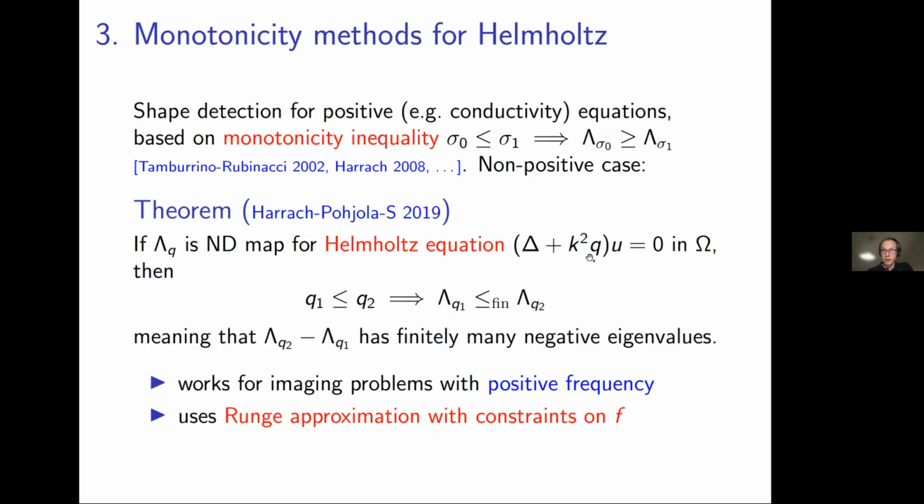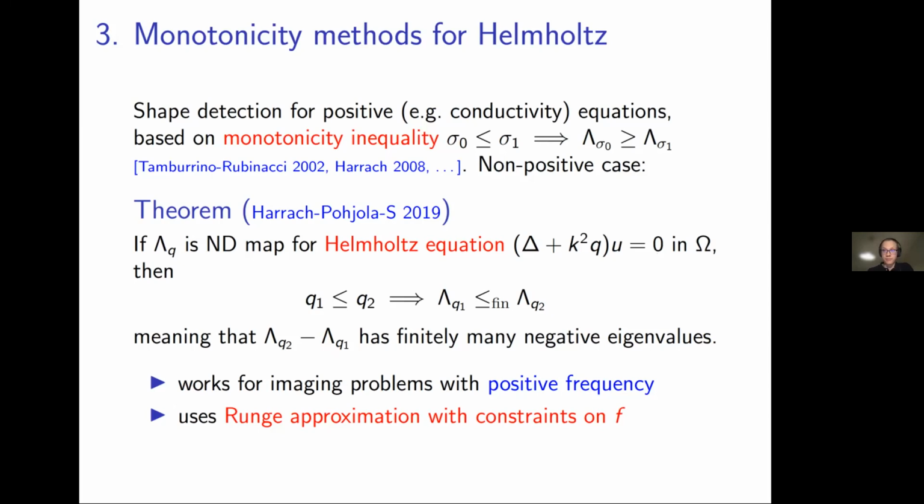Q would be the index of refraction, or a sound speed for instance, in omega. And this equation is not positive anymore. So it can have negative eigenvalues, and also 0 could be an eigenvalue. So you might have finite dimensional kernels for your Dirichlet problem.